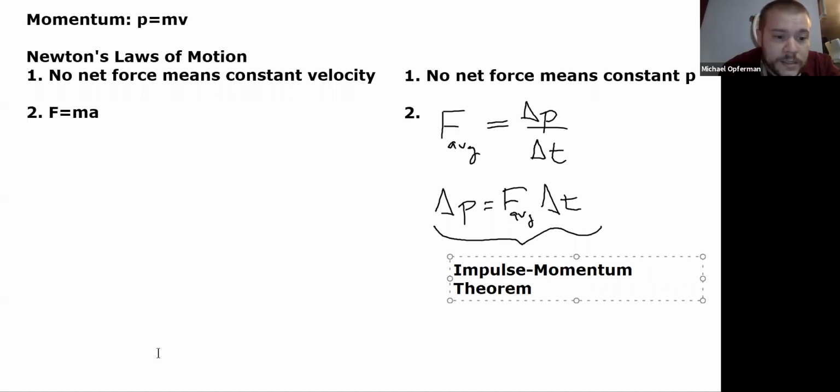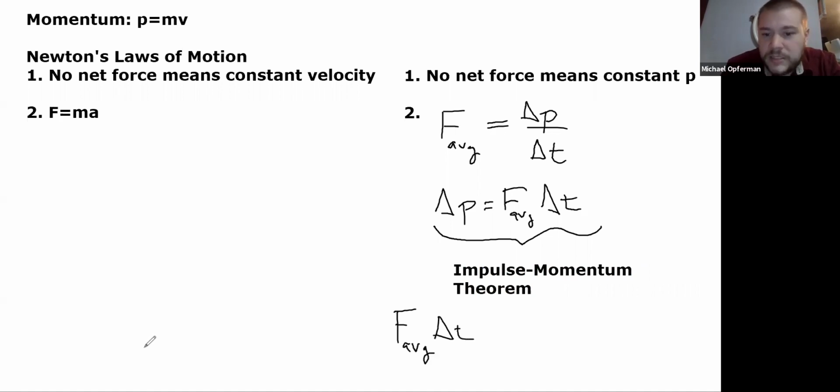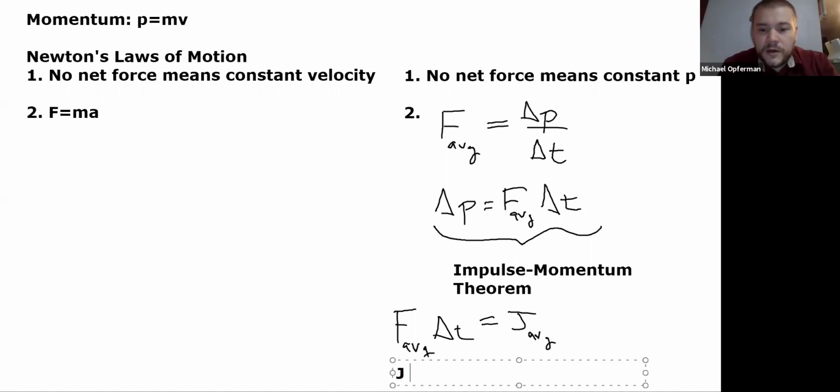And the reason it's called that is because the quantity F delta T, or F on average delta T, I have to be a little bit sloppy with these averages because we can't use calculus in this course, is equal to capital J on average. And J is referred to as the object's impulse, or the impulse on an object.